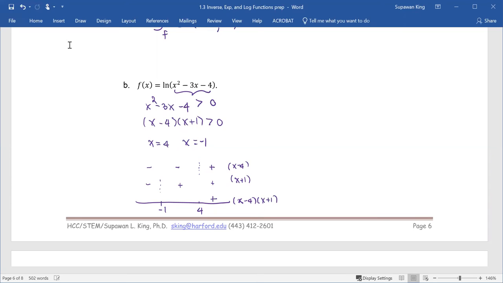So plus sign for the right interval, minus sign for the middle, and plus sign for the left interval. We are looking for the interval that returns the product strictly greater than 0. Therefore, the domain of the function f is the interval negative infinity to negative 1, union the interval 4 to infinity.